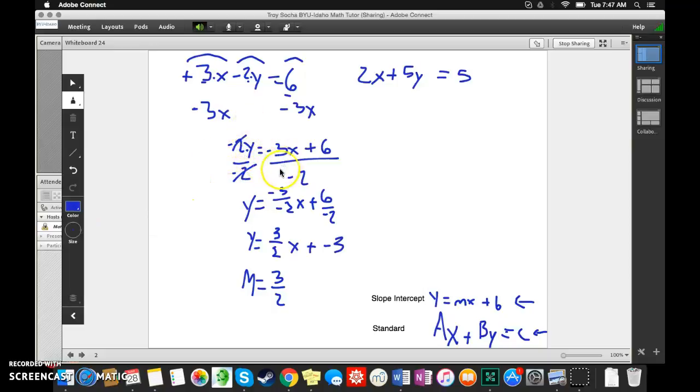So that's going to be negative 2. Then we simplify. A negative divided by a negative is a positive. And positive divided by a negative is a negative. So you get 3 over 2 x minus 3, or plus negative 3, it's the same thing. But our slope is 3 over 2.